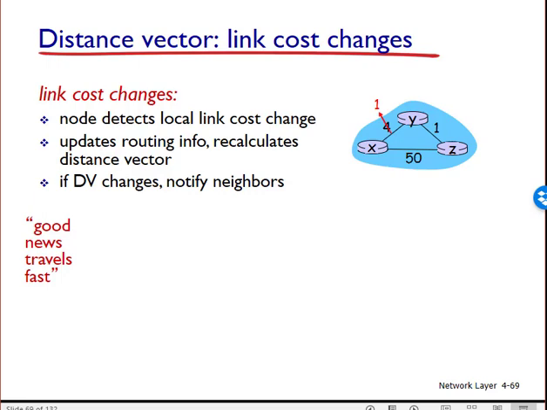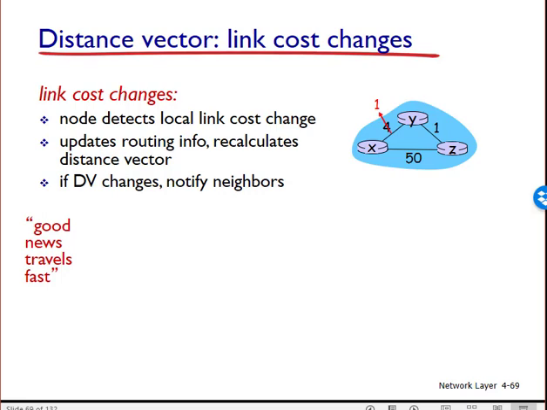But to update its own forwarding table for a given destination, what the node really needs to know is the next hop router along the shortest path to y. The next hop router is the neighbor that achieves the minimum of the distance vector algorithm.